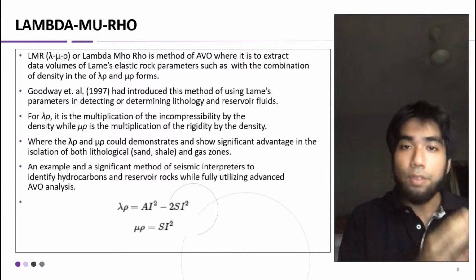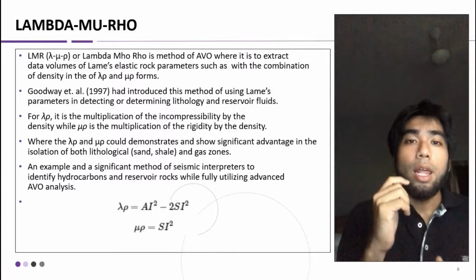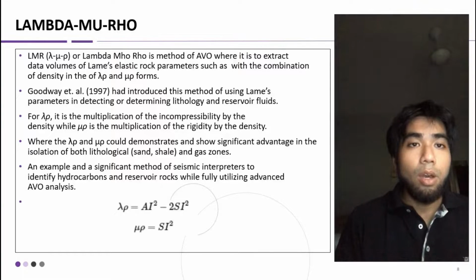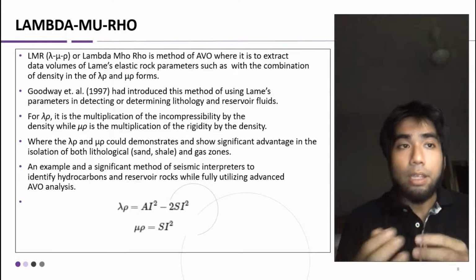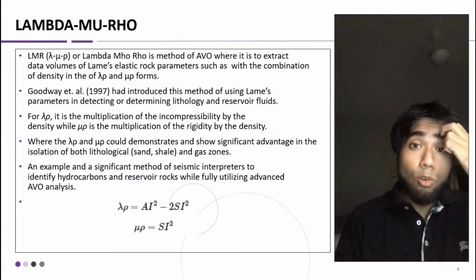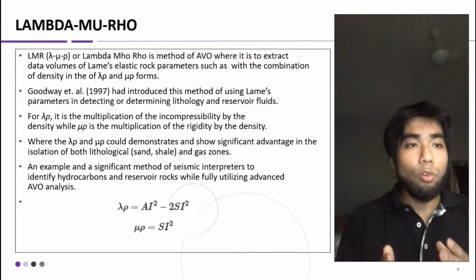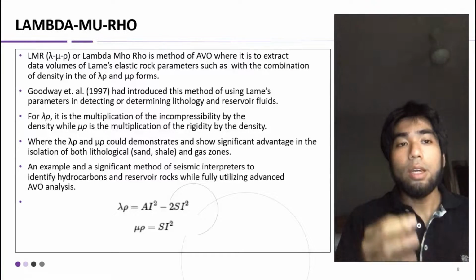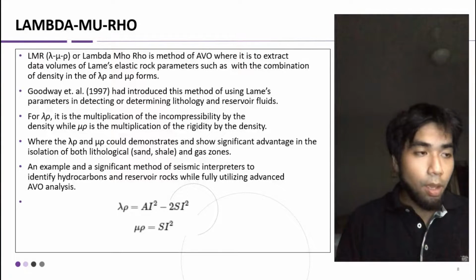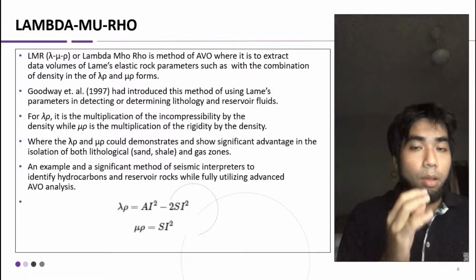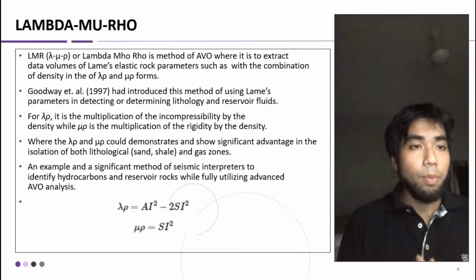This is an AVO method to extract data volumes of Lame's elastic parameters in combination with density, which displays in the form of lambda rho and mu rho. Lambda rho is the multiplication of incompressibility by density, while mu rho is the multiplication of rigidity by density.